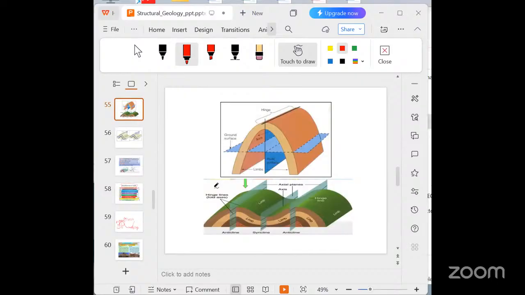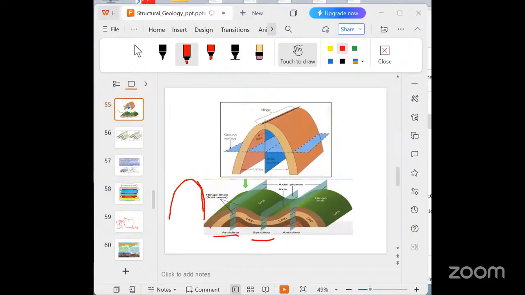So now in that classification, we have very important things here. That is anticline and syncline, right? What is the anticline? An anticline is this one, right? It is a convex upward fold. It may be defined as a fold that has older rocks in the center.